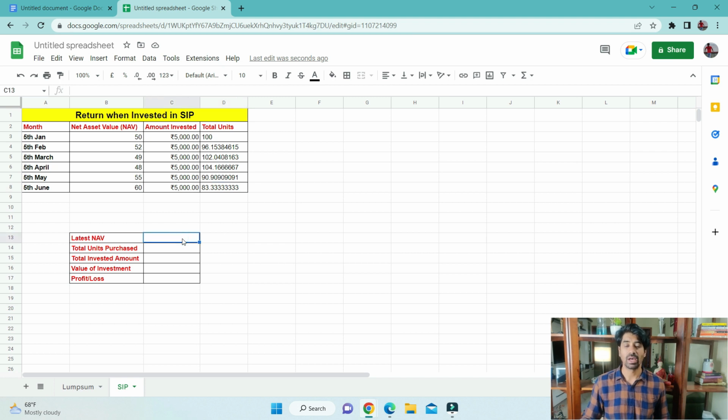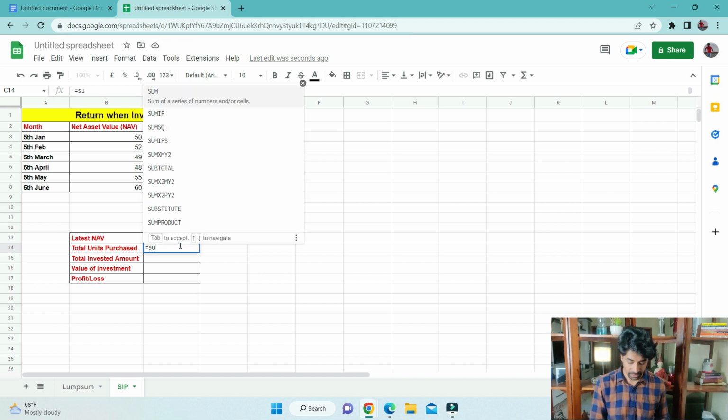Now suppose after some time the NAV changes and the latest NAV is 65 rupees, suppose. So what will be the total units purchased? The total units would be a sum of all these. So let's do the calculation.